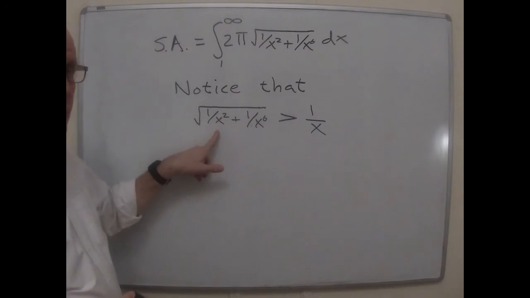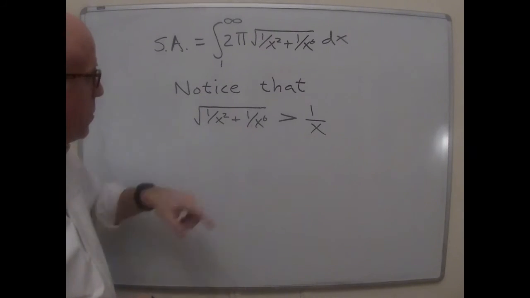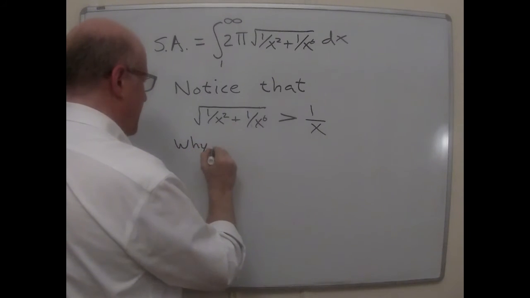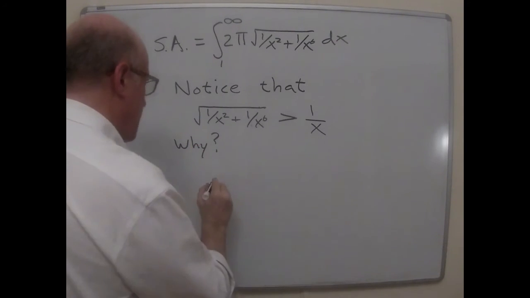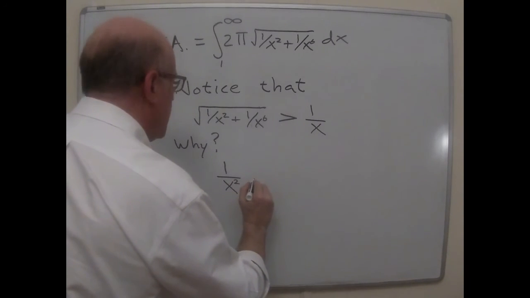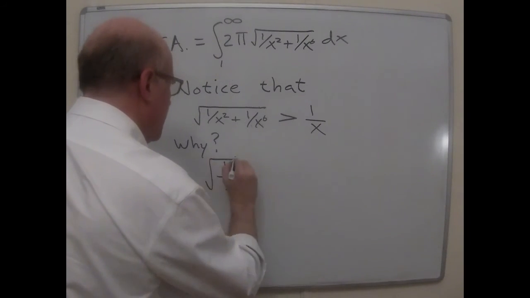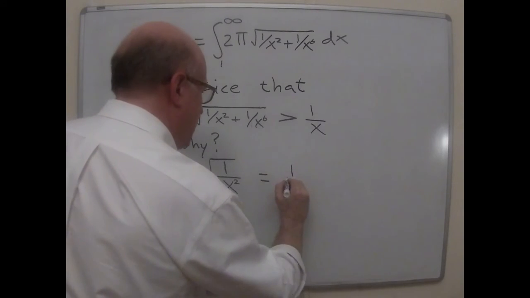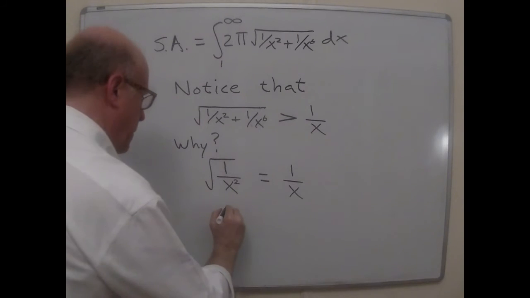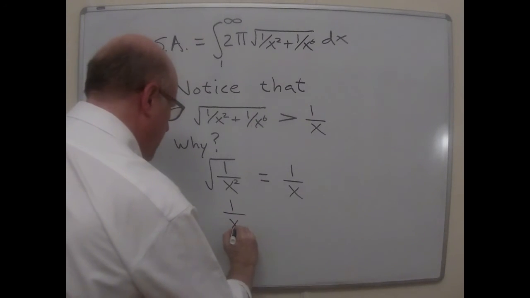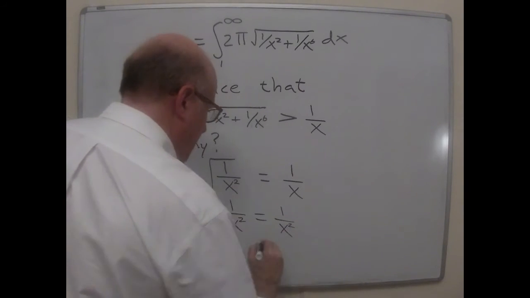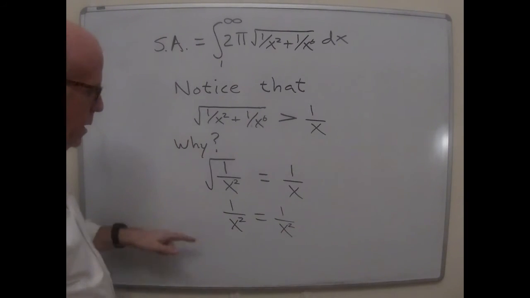We are dealing with positive values for x, so these things are both positive under there. Why? Well, first off, the square root of 1 over x squared is equal to 1 over x, isn't it? If we just square both sides, I'll get that 1 over x squared is equal to 1 over x squared. Sure, that's a silly thing to even write down.